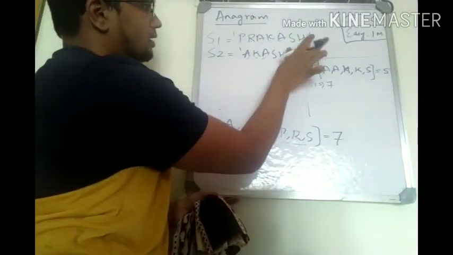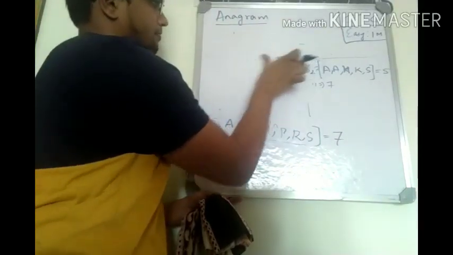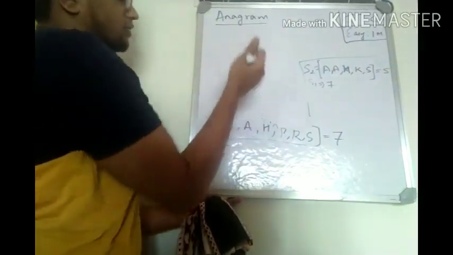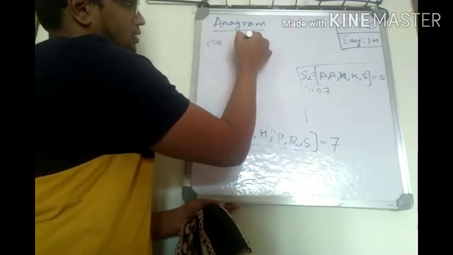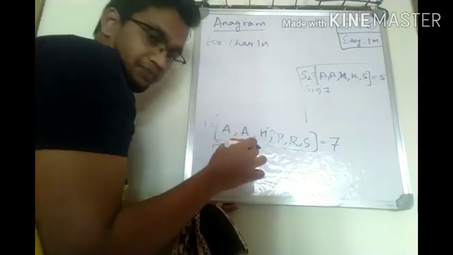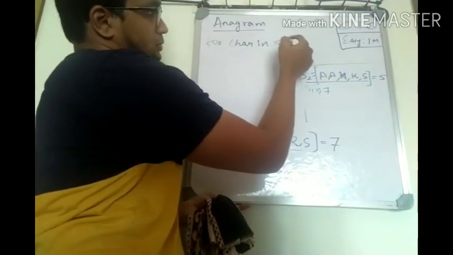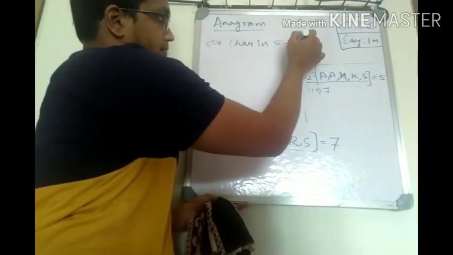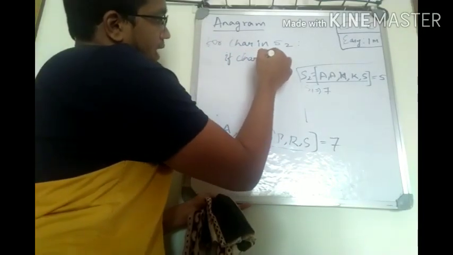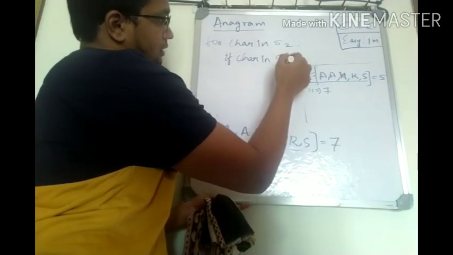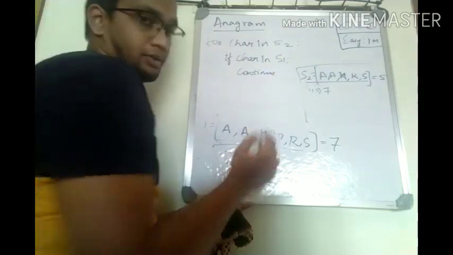Now let me loop through S1 and S2. Basically a for loop. Let me take for character in S2. If character in S1, then continue.